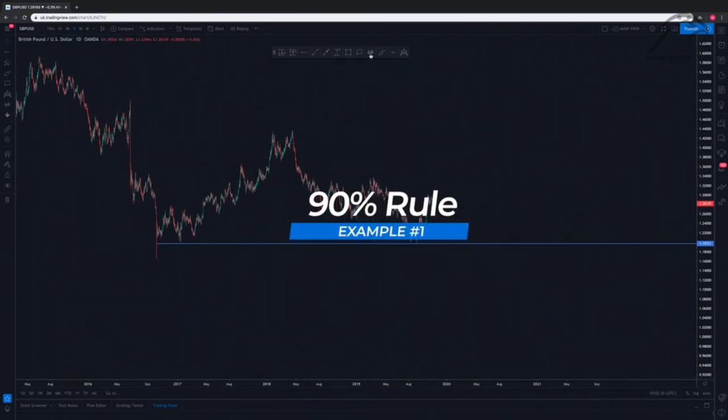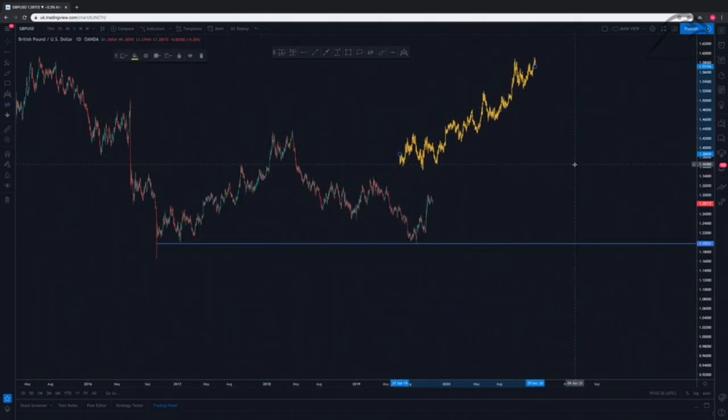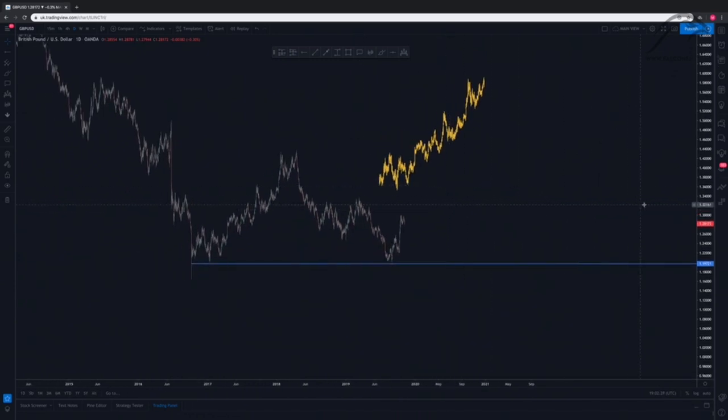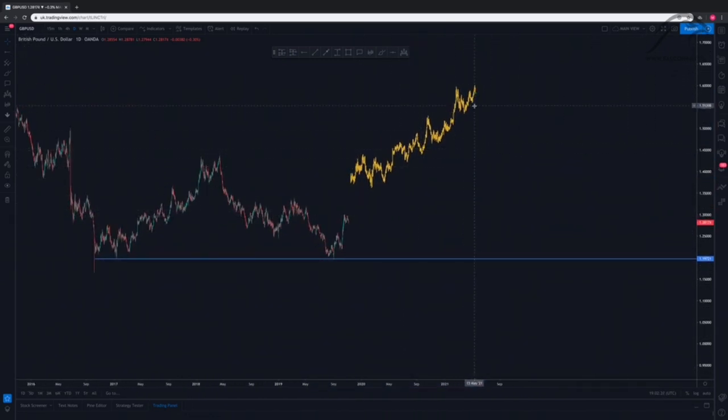So what is it? Well, essentially, let's take a look at a few examples. First up, let's take this bit of price, as we've got this ascending structure, as you can see. Essentially, the 90% rule activates and kicks in once we break a structure impulsively. Let's take this for example. We can identify that this is an ascending channel, as I'm sure you'd all agree.